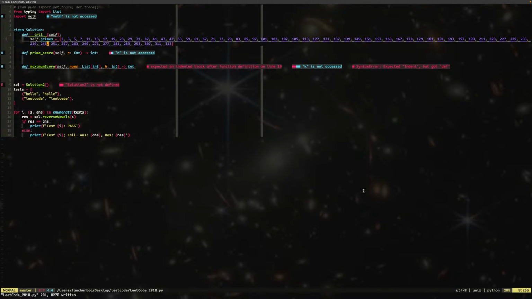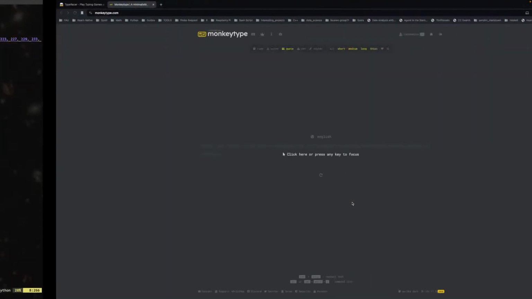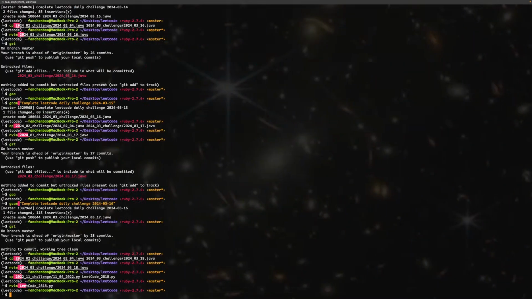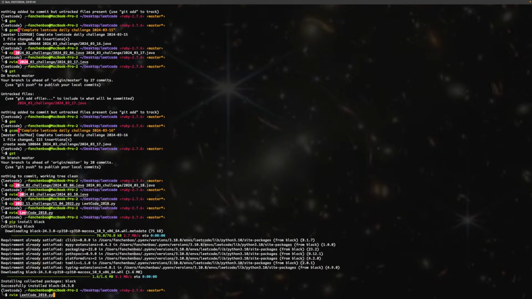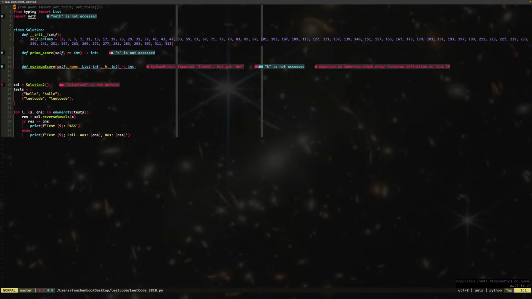It's not formatting. I think it's because I didn't install black. Yeah, maybe we should install black. Okay, so let's do this. Pip install black. If I do this, why is it still not formatting?